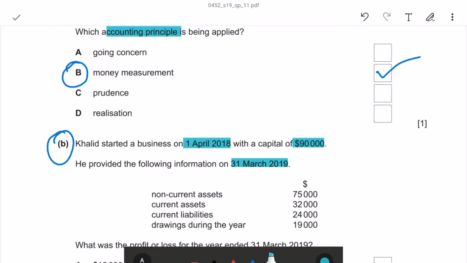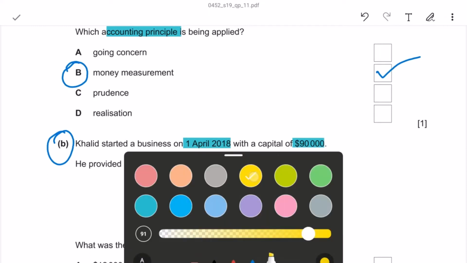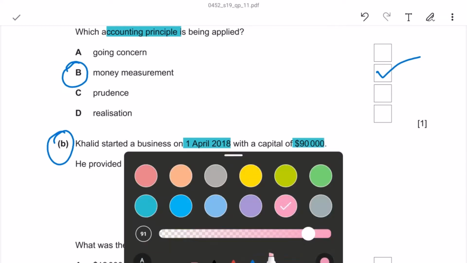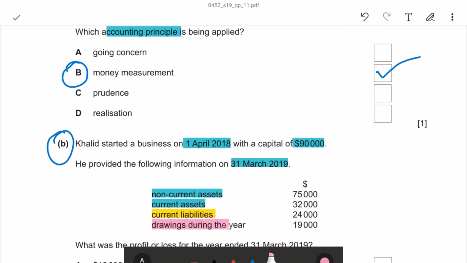So this is the information given: closing balances of non-current asset, current asset, current liabilities, drawing.